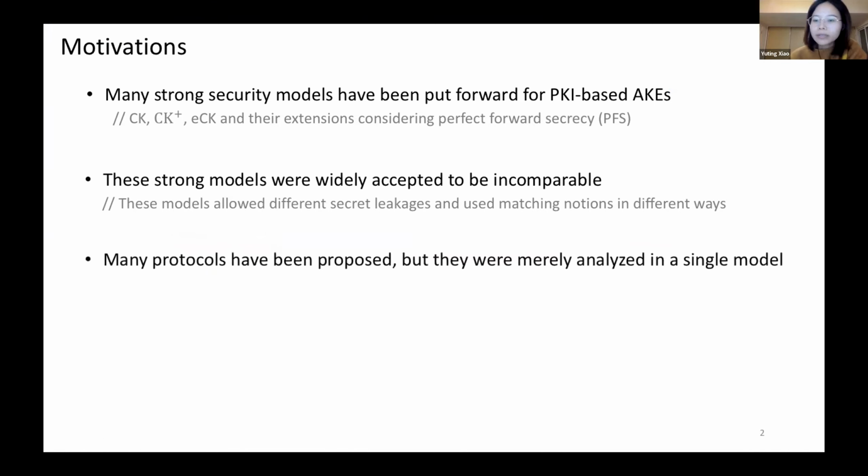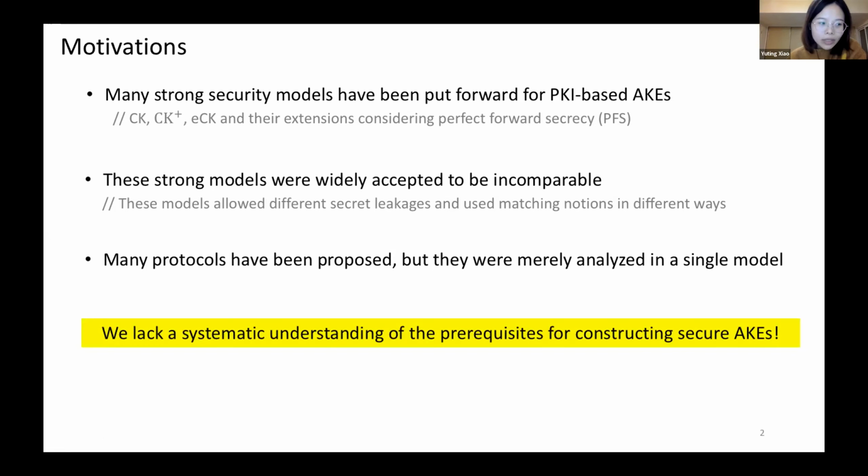Even though many protocols have been proposed, they were merely analyzed in a single model. Thus, in this field of PKI-based AKEs, we still lack a systematic understanding of the prerequisites for constructing secure AKEs.